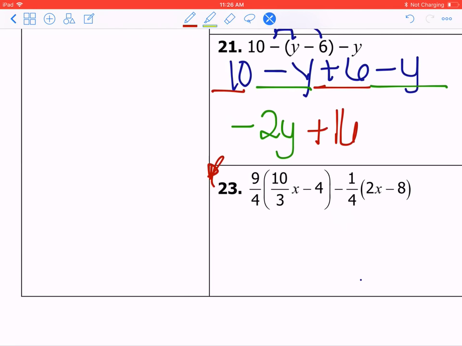All right, we're going to distribute, combine like terms, and you'll see something awesome happen with this one. Okay, so we can cross cancel, and to show that a little bit better, I'm going to rewrite the fraction over here.